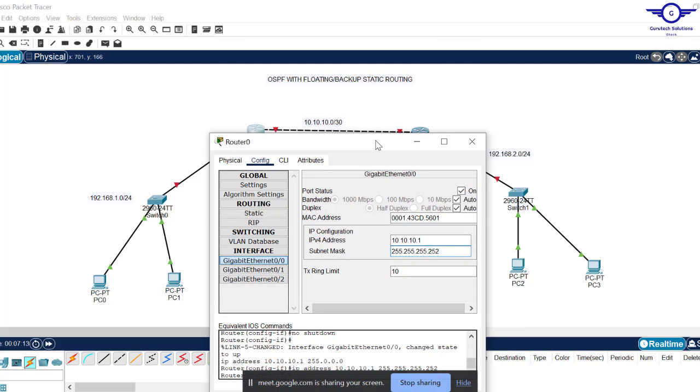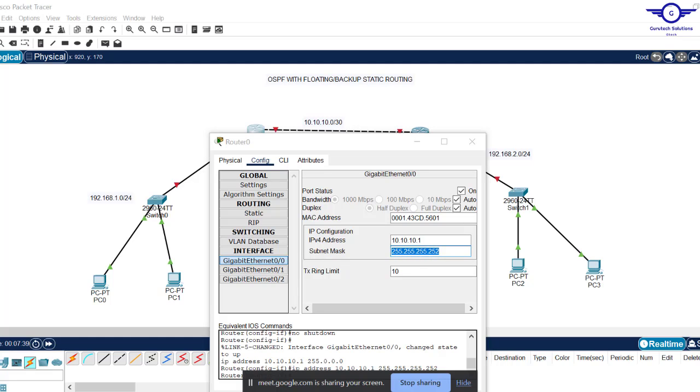In an IPv4 address we have 32 bits, and the full subnet mask of an IPv4 address is 255.255.255.255. Now /30 notation is equivalent to 252.